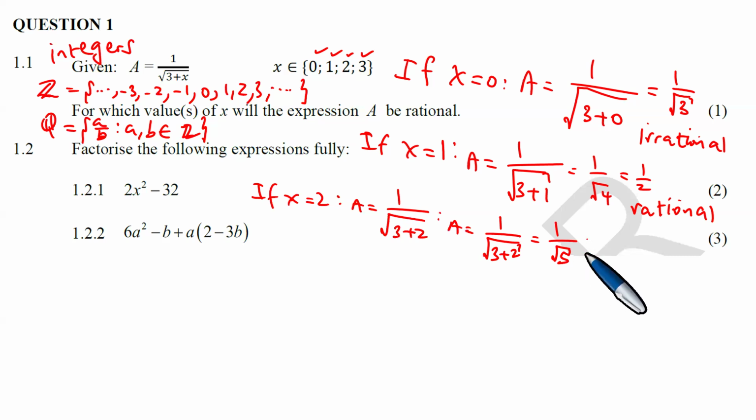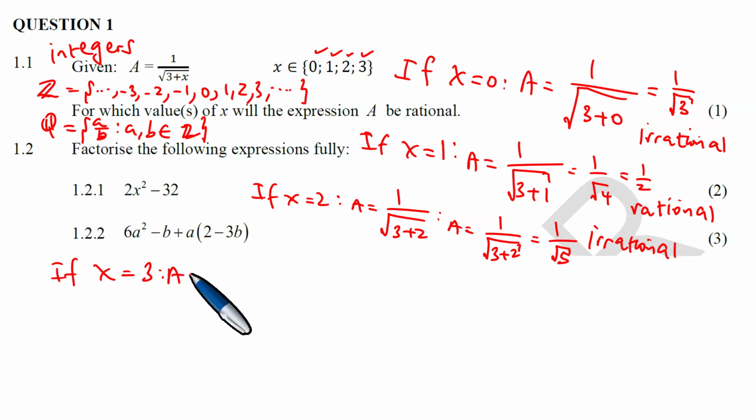If you use your calculator, the square root of 5 is going to be 2 point something, and it is irrational. So 1 divided by that is irrational. Then the last one is x equals 3, because we've gone through 0, 1, 2, and the last one in the set is 3.